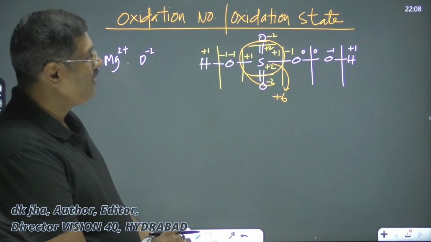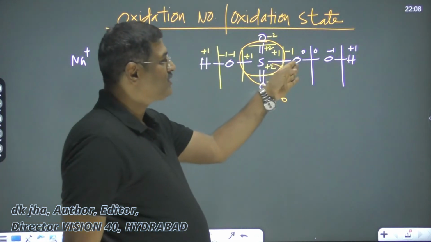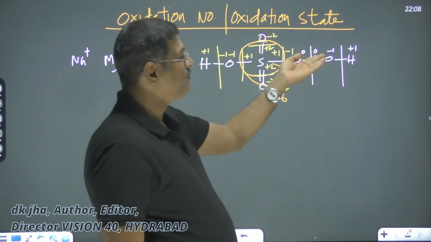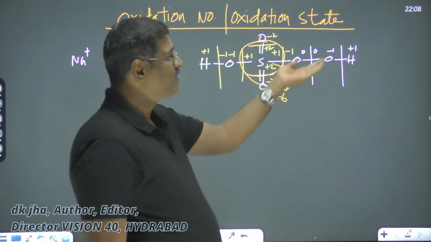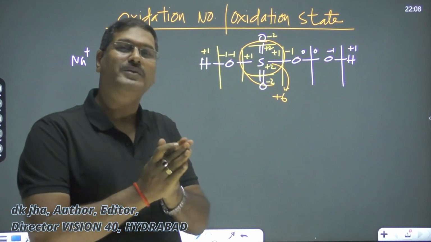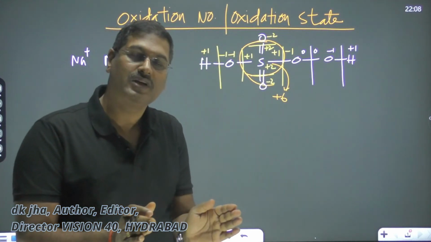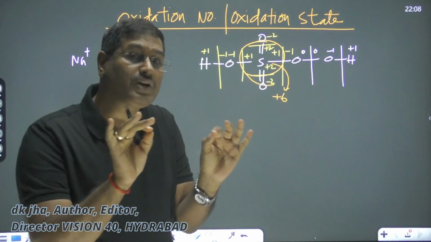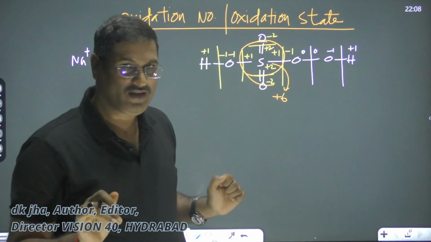Now, what is the oxidation number of this oxygen? Minus 1. Of that one? Minus 1. Of this hydrogen? Plus 1. Oxidation number is the assumed charge in the condition of complete heterolytic cleavage.